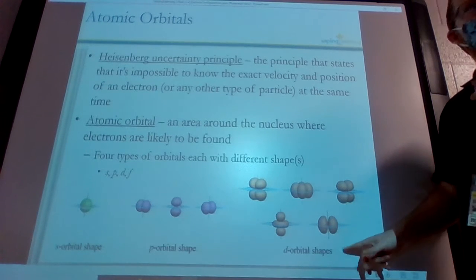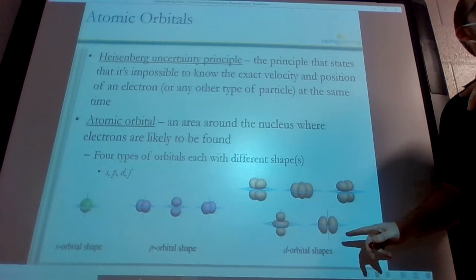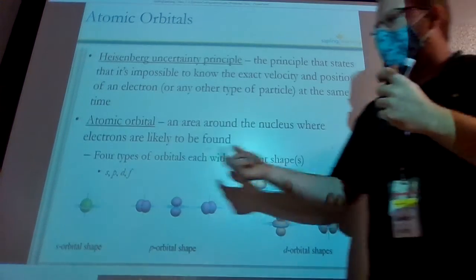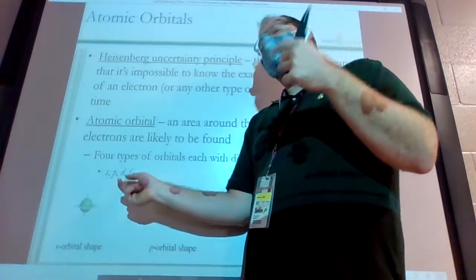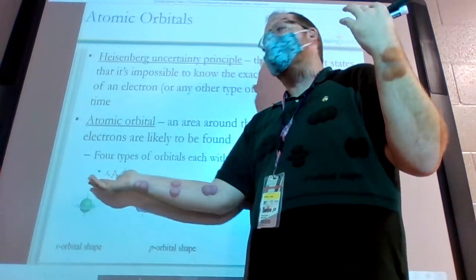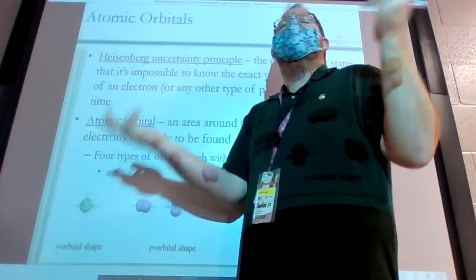And then there's even one more called the f orbital, which I don't know if we have shapes for those, or if it's just too complicated, we don't even bother to draw them. But know that there are four different types: S, P, D, and F. And I'm sorry, I wish I had some words to tell you what these mean, or maybe I wish they were in alphabetical order. They're not.